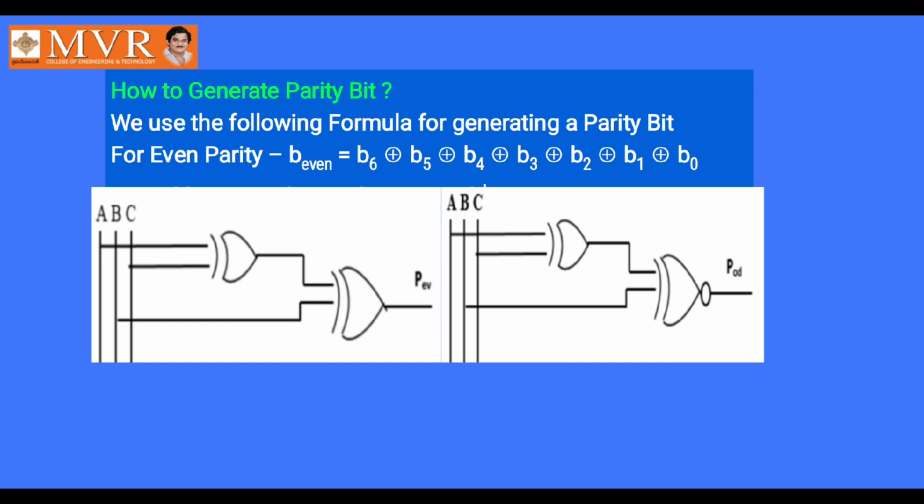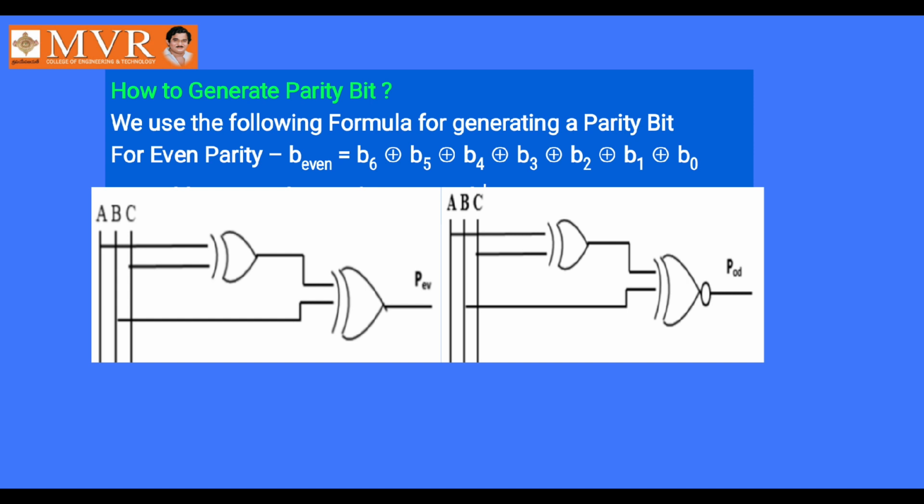So for each bit, if you perform the XOR operation, that symbol stands for XOR, I think you know well. B6 XOR B5 XOR B4 XOR B3 XOR B2 XOR B1 XOR B0. Whatever result you get will be the even parity.